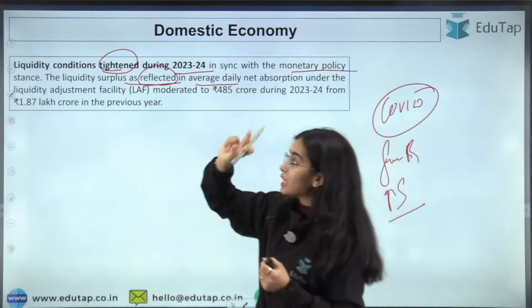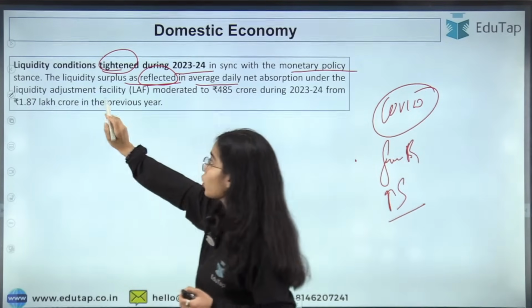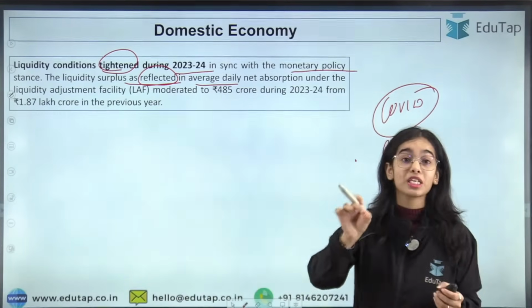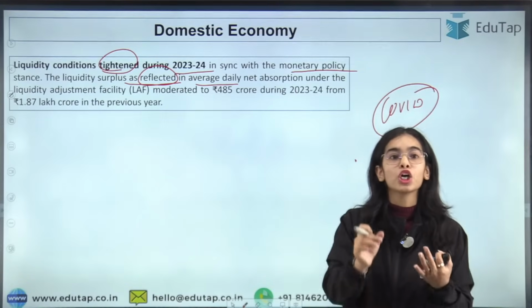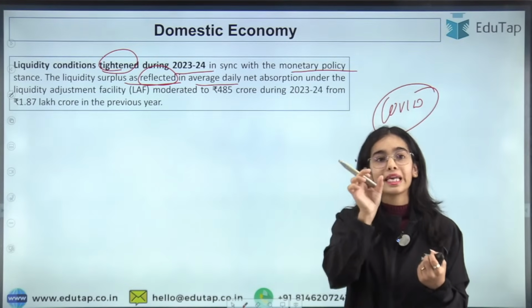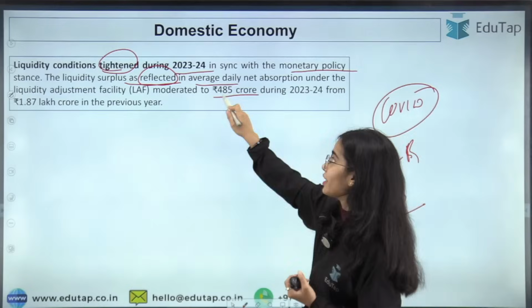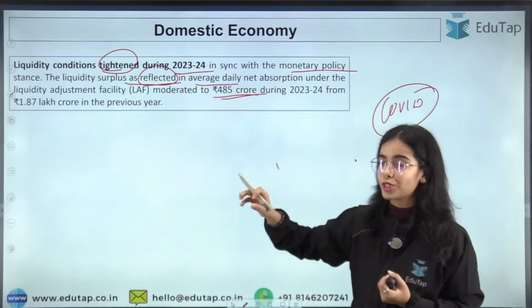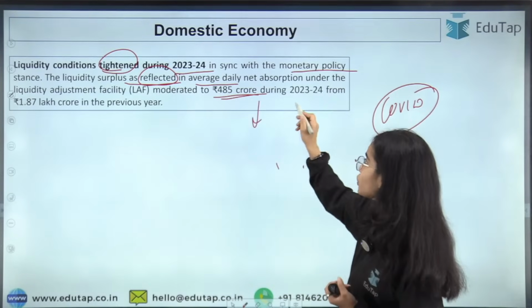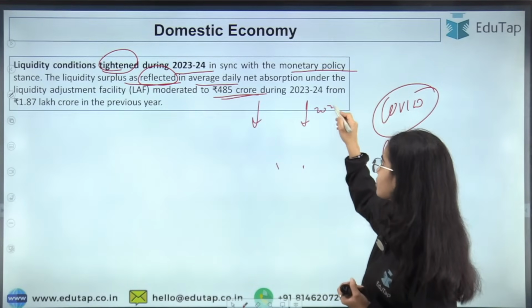If you see the previous year, the absorption on the daily level was happening at rupees 1.87 lakh crore, which has gone down in 2023-24 to rupees 485 crore of daily net absorption. So daily net absorption has gone down from 2022-23 to 2023-24.